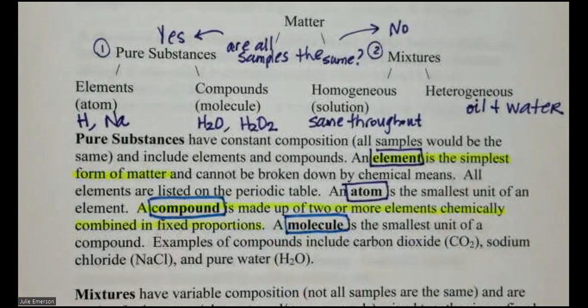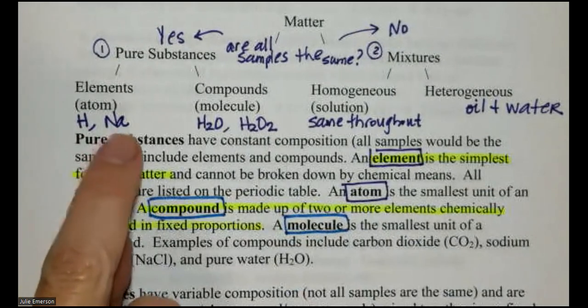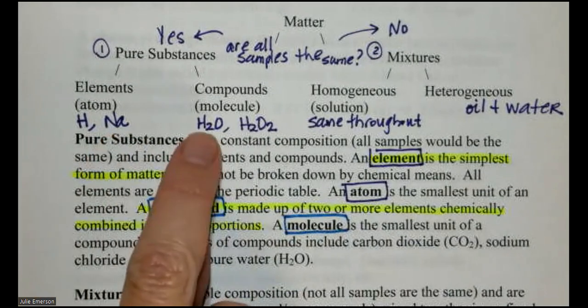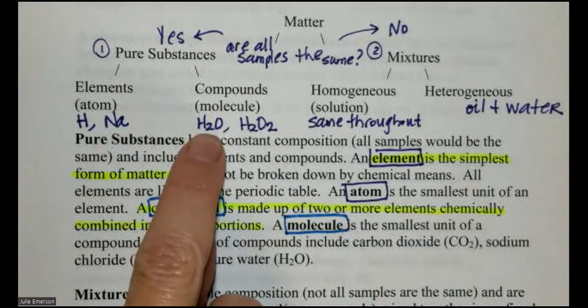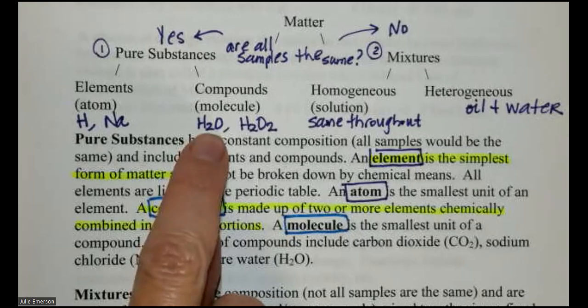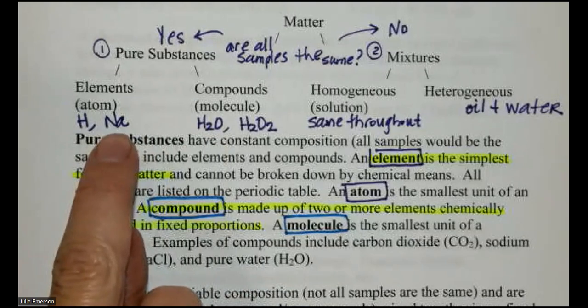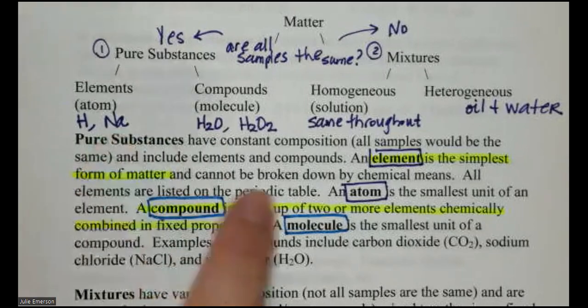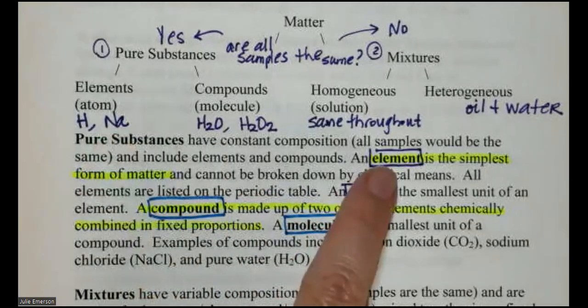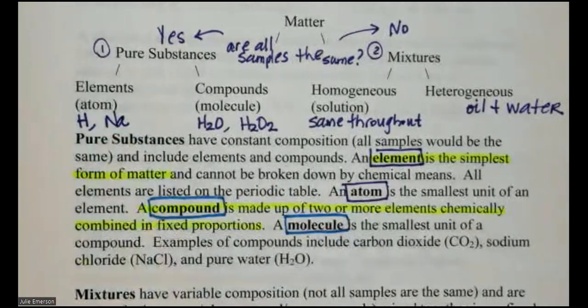And what I mean by that is you can't have molecules of sodium, just like you can't have atoms of water. Water, two or more elements bonded together, it's a compound, so you have molecules of water, not atoms. Sodium, it's an element, it's singular, so you have atoms of sodium, not molecules. So it's just terminology. Atom goes with element, molecule goes with compound.